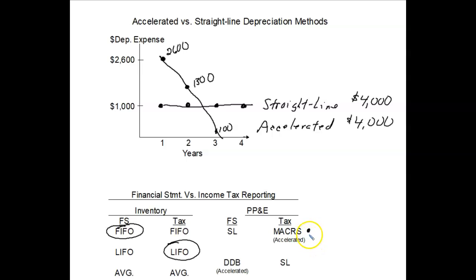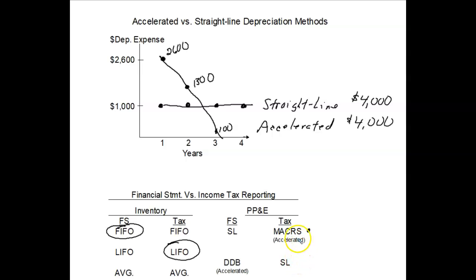So Congress created this depreciation method called MACRS, and it's very, very accelerated. Matter of fact, where the rules would allow this, MACRS could almost be just 2 years. I mean, it's just very, very fast.